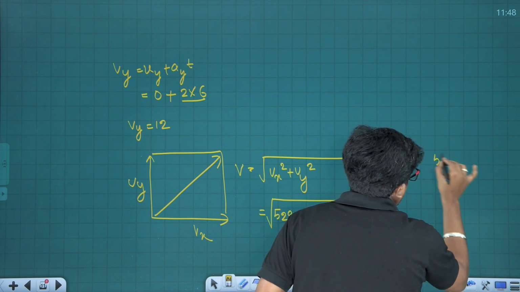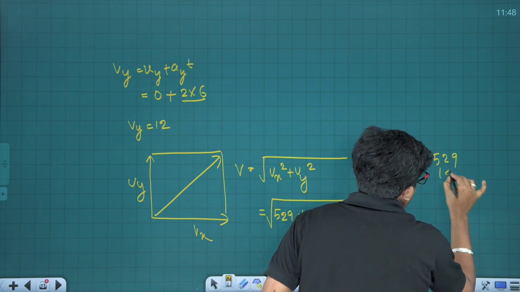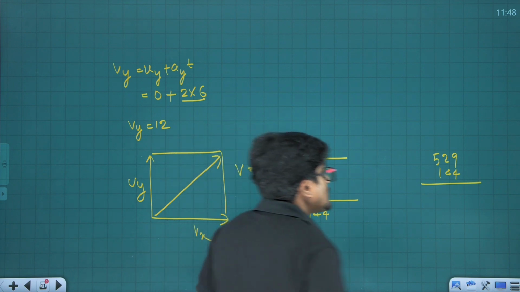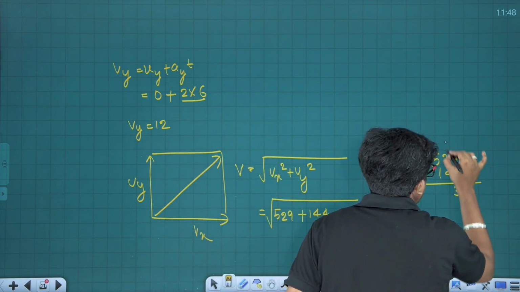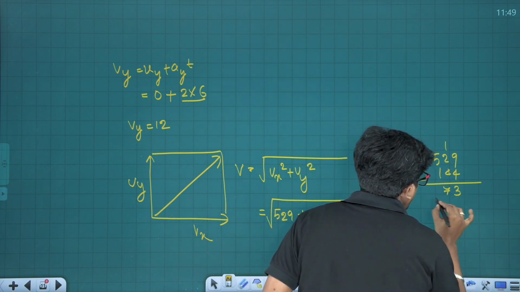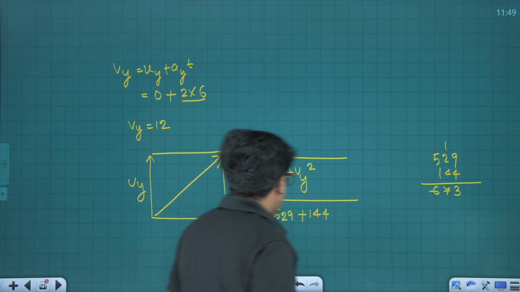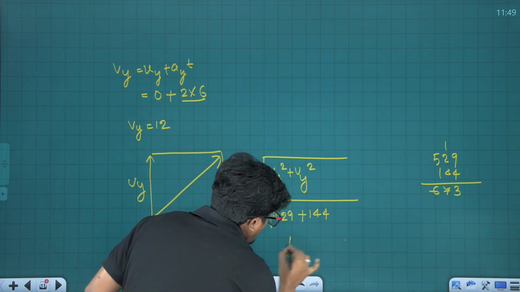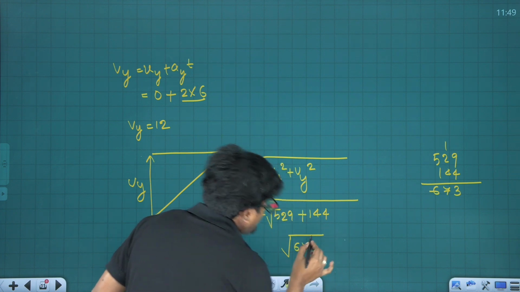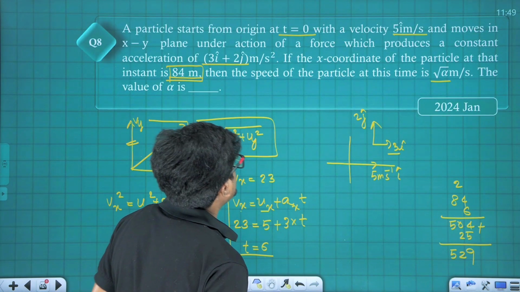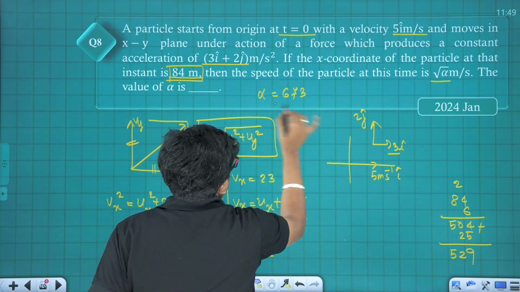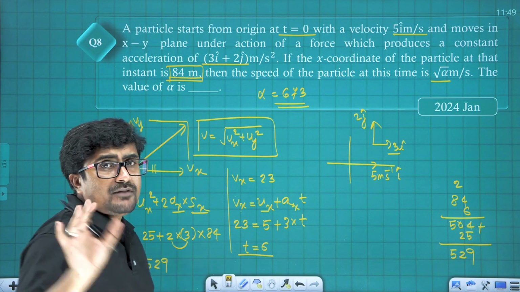So the final answer is going to be root of 529 plus 144. Alright. So 9 plus 4 is 13, left with 1 here. 4 plus 3 is 7 and 5 plus 1 is 6. So the final answer is going to be root of 673. Checking with the option, alpha need to be 673. I believe that was okay with you.